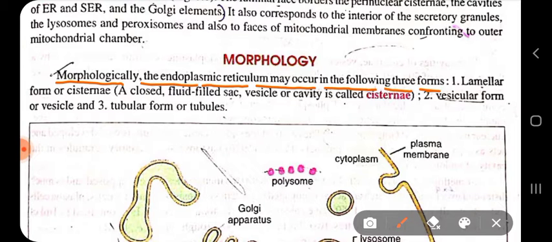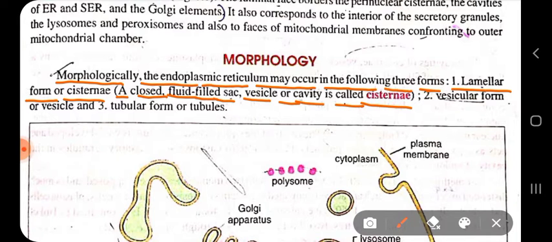One is your lamellar form, also called cisternae form. A closed fluid filled sac, vesicle or cavity is called cisternae.